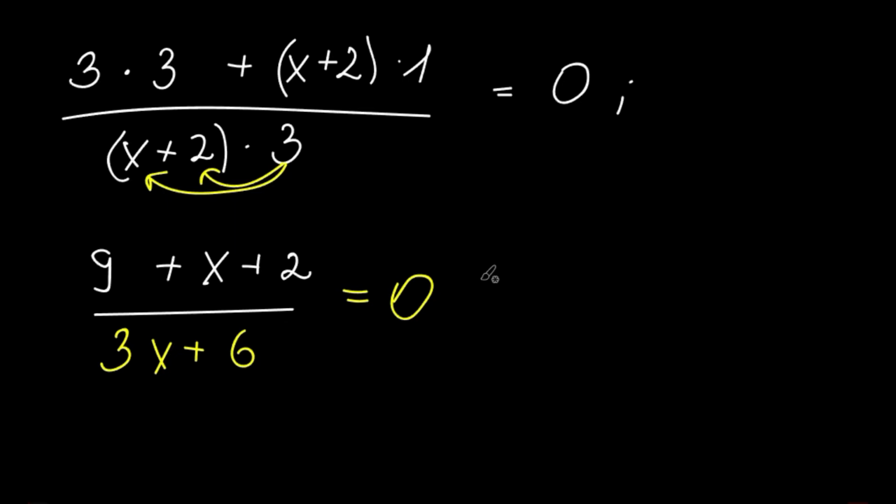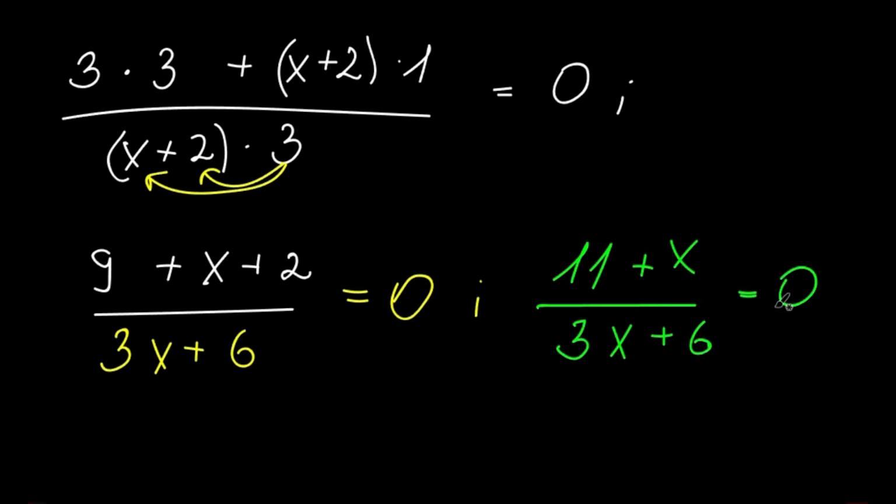Okay, so now 9 plus 2 will give us 11 plus x, and it will be divided by 3x plus 6, as it was. Okay, and it is equal to 0.